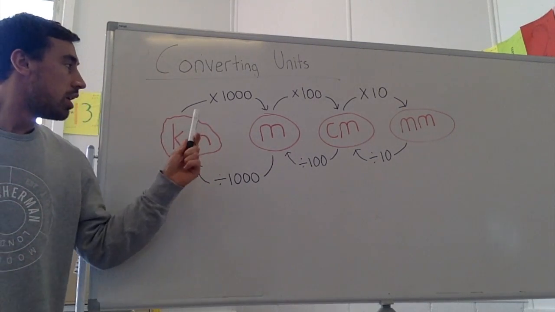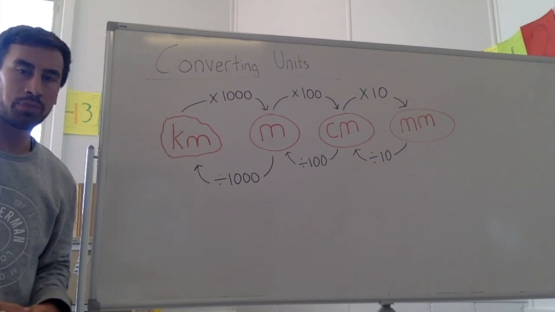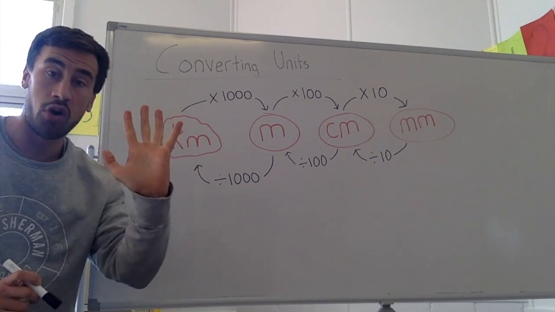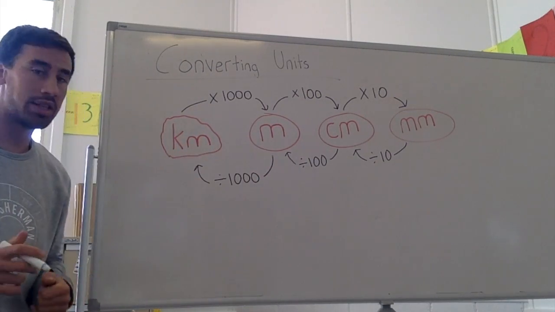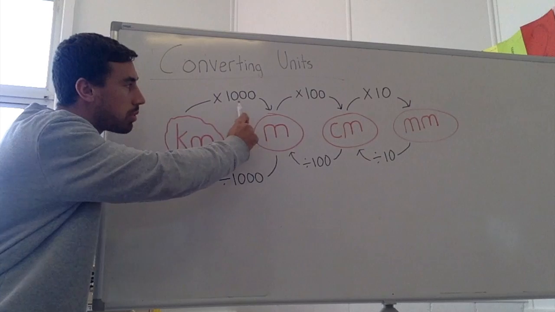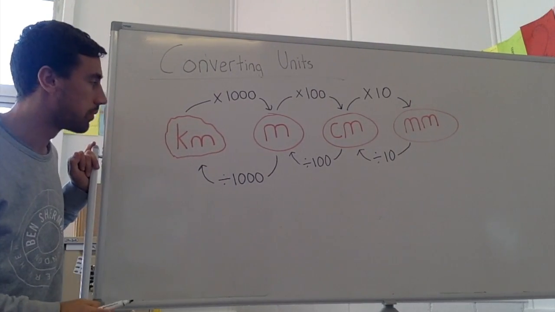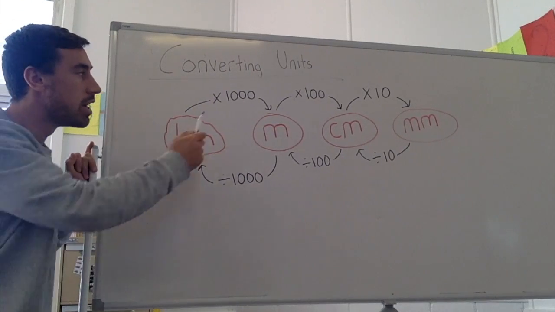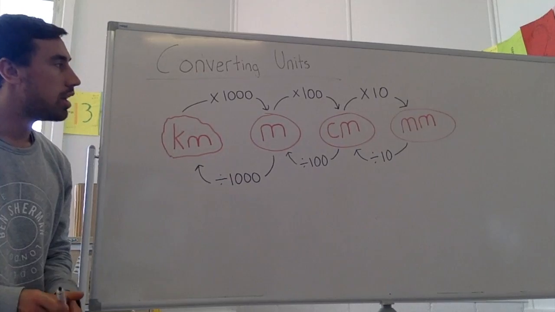So if we have a number in kilometres, we could use 5 kilometres as an example, and we want to convert that to metres, we multiply by 1,000. So we have the kilometres to metres, we multiply by 1,000.